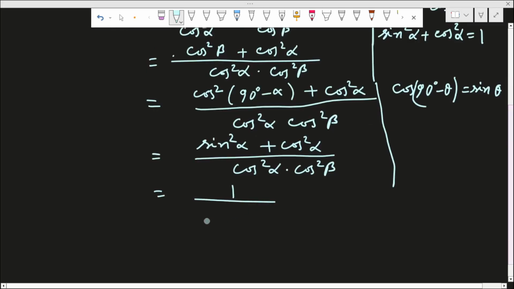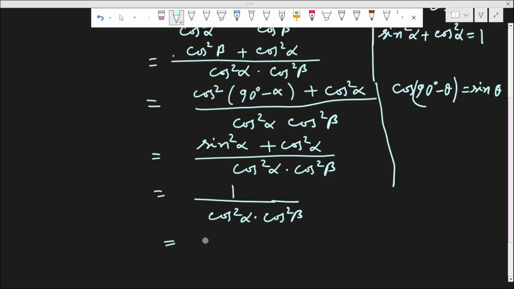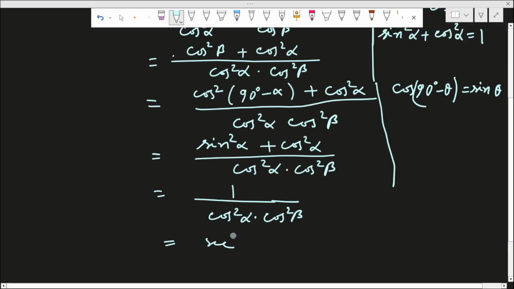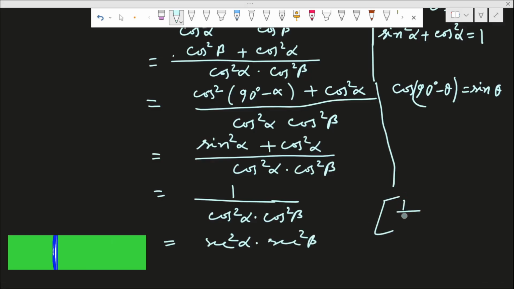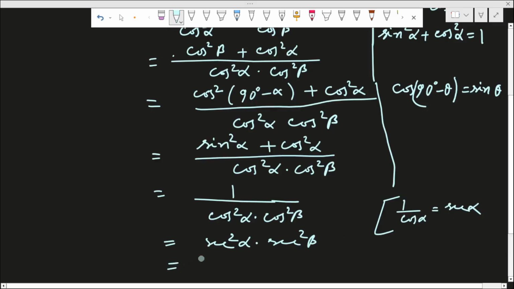1 by cos square alpha cos square beta. Here we already showed sin square alpha plus cos square alpha equal to 1. So 1 by cos square alpha into cos square beta, as 1 by cos alpha equals sec alpha, so sec square alpha into sec square beta, and that is the right hand side.